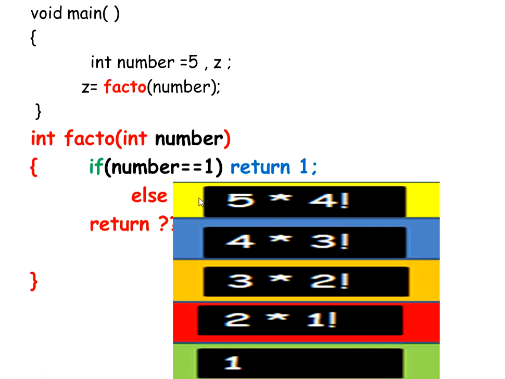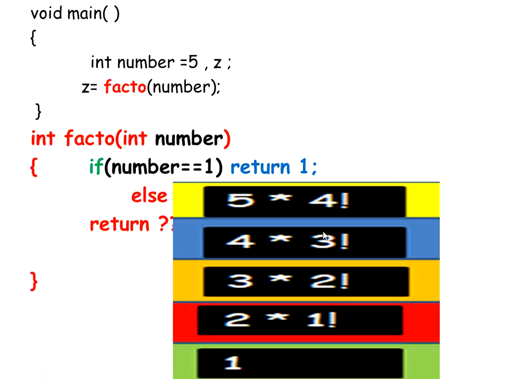Then 5 becomes 4. So somewhere you have to manage that you're doing num minus minus or num minus 1. Then you're computing 3 factorial, then you're computing 2 factorial. So first you started with 5 factorial, 5 factorial turned to 4 factorial, 4 factorial turned to 3 factorial.